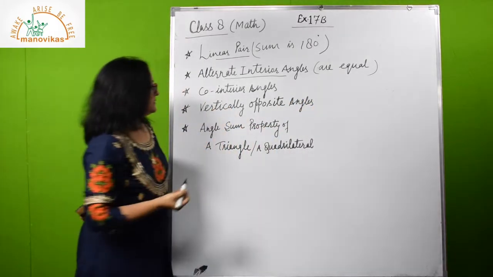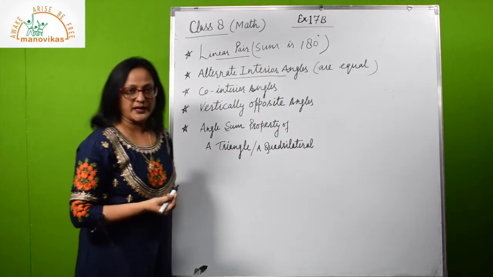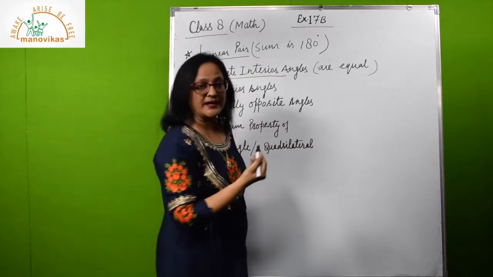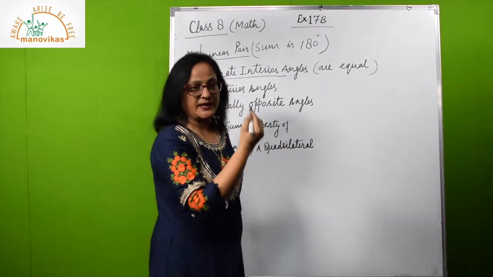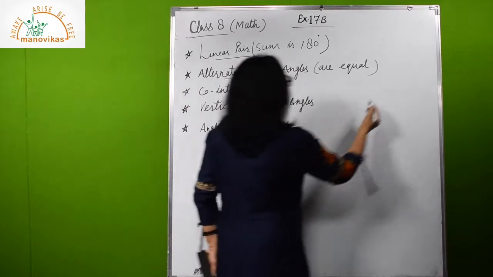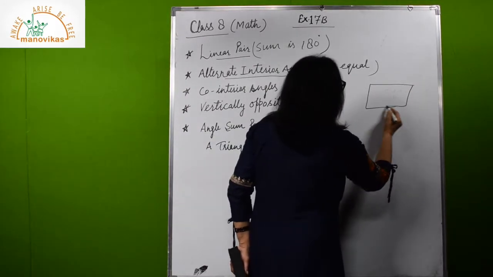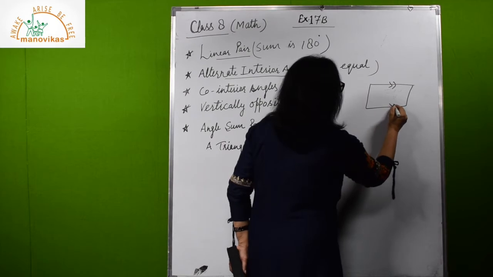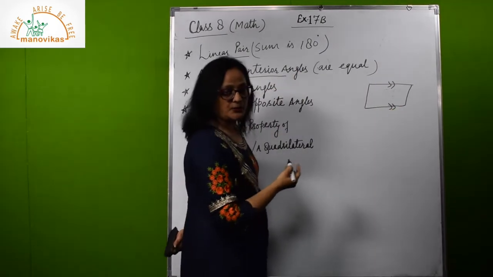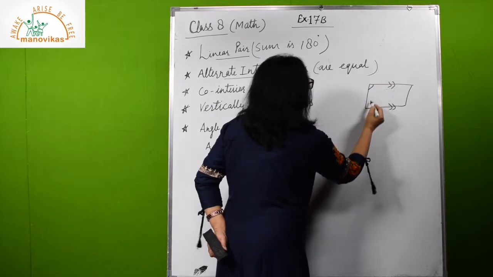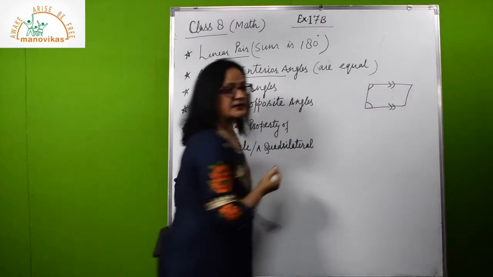The third point is co-interior angle. You will check in the given parallelogram if the angles that are given and that are to find are co-interior angles. For example, co-interior angles like these: these are two parallel lines. In a parallelogram, opposite sides are parallel. These are two parallel sides. So these angles are co-interior angles.